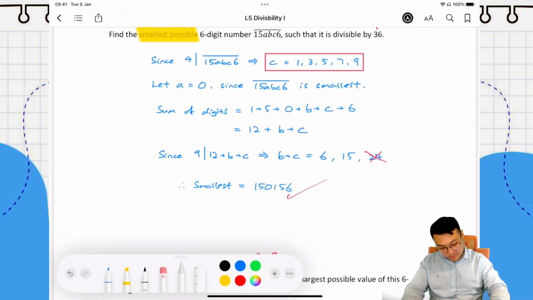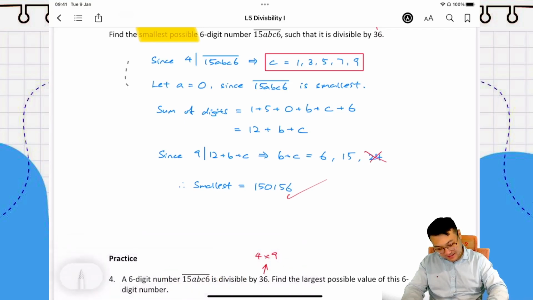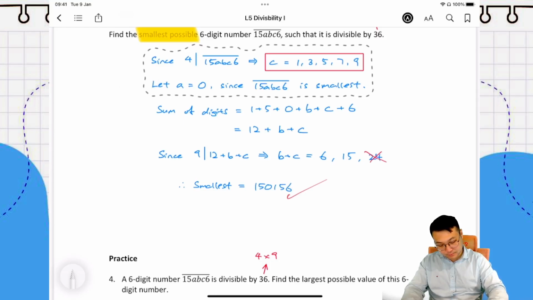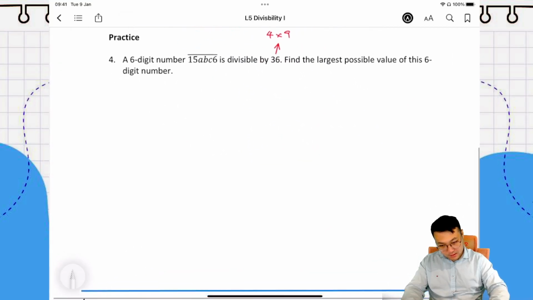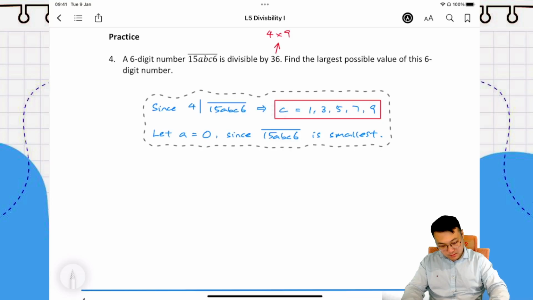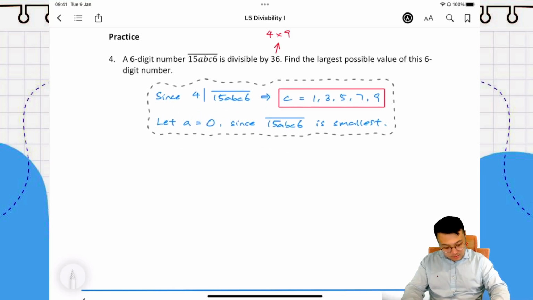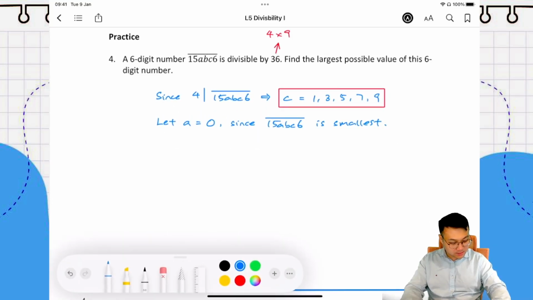I can even copy and paste this. So we are doing exactly the same thing.